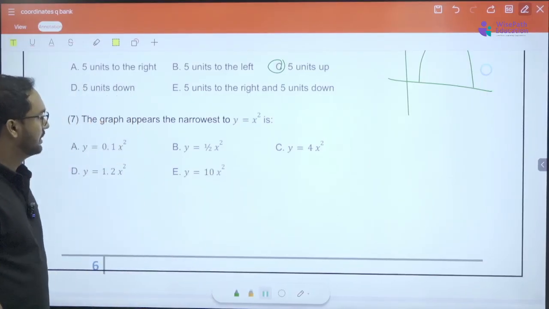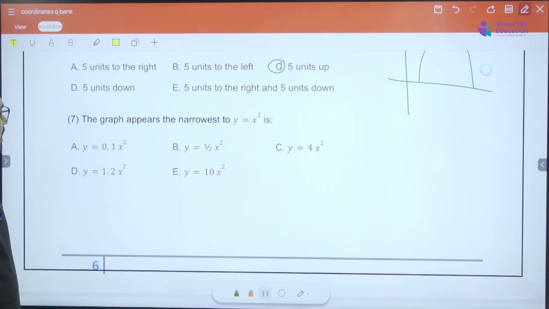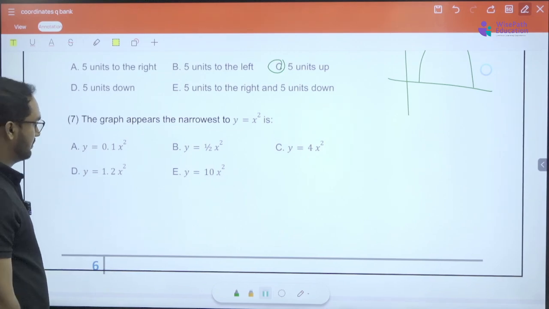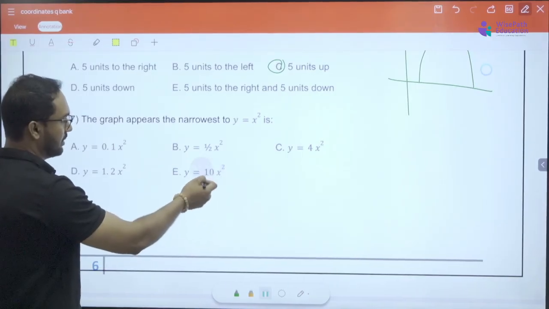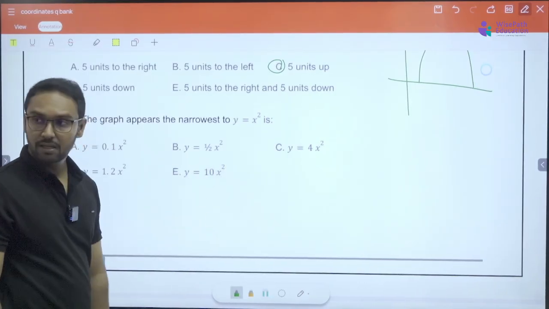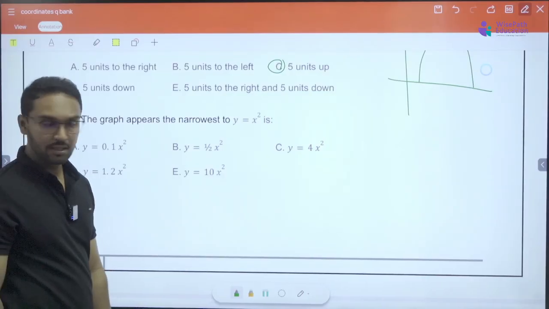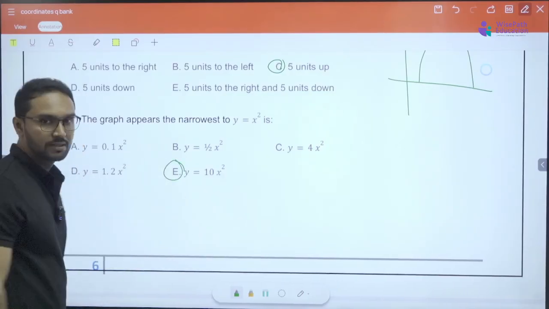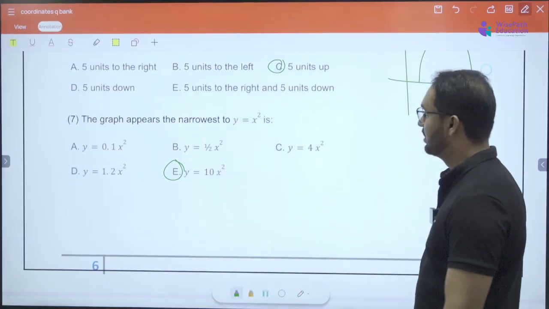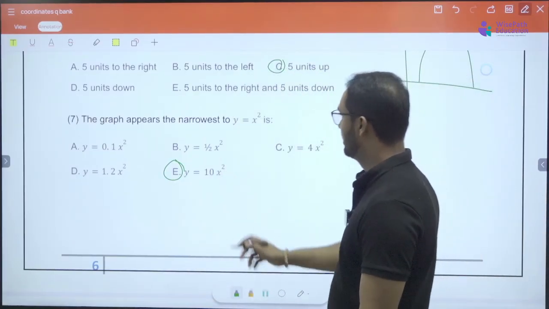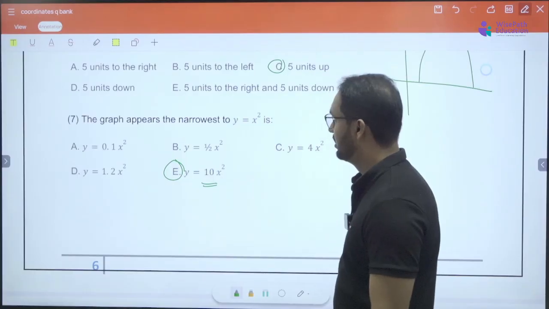So the graph appears narrowest to the y equals x square is the highest a value. Highest a value is 10. Ne? Highest a value එක තමයි ගන්න ඕන answer එක. Narrowest වෙන්නේ highest a value එක. Out of the equations, the highest a value is 10. Isn't it?